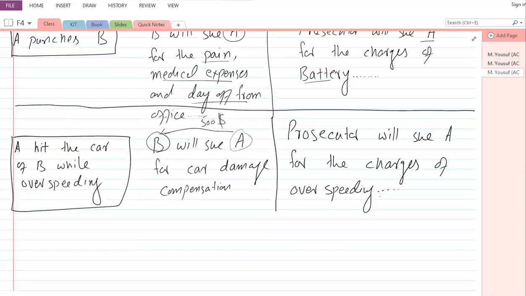So this is a matter between the state and A. Whereas on the contrary, in the civil case, it was a matter between B and A, two persons.